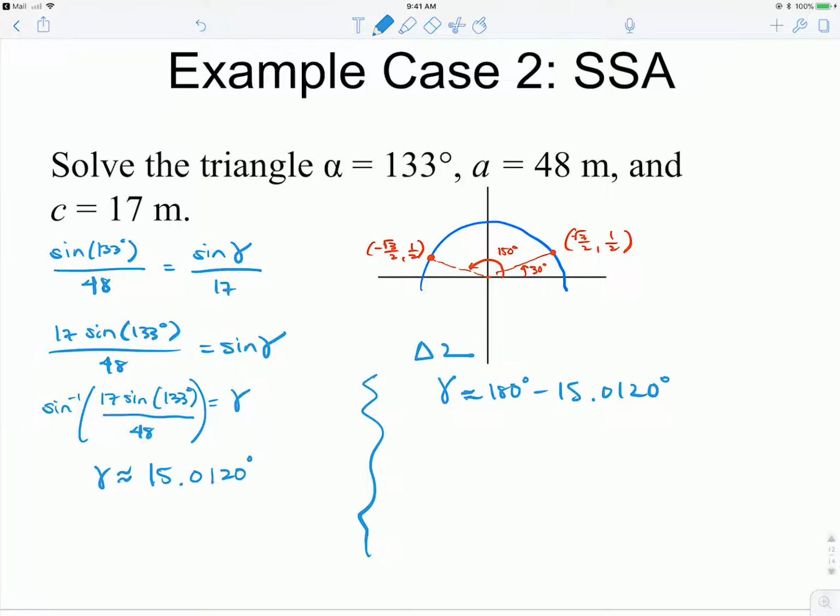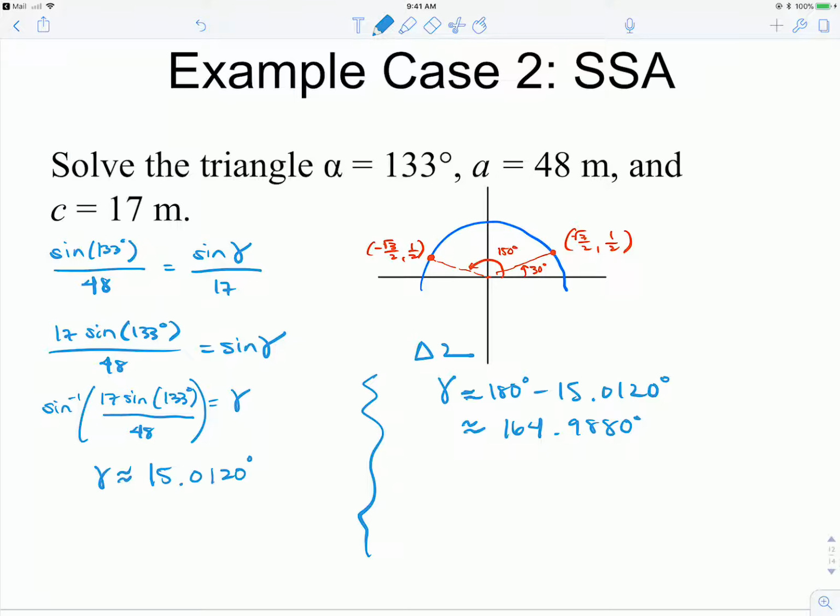Okay, and the angle that we end up with would be 164.9880 degrees. Remember the angles of a triangle must sum to 180 degrees.